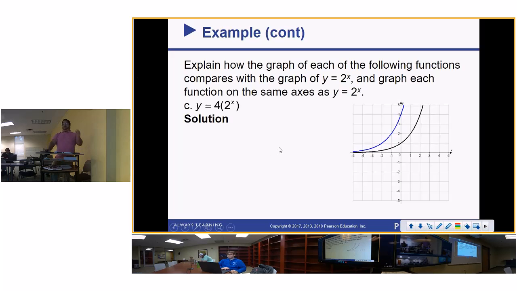Exactly. And what do you plug in? When you plug in x is 0, what do you get? 1 times 4, which is what? 4. So now that 1 is not 1 anymore. Now it's 4, because you're compressing it. So a is equal to 4.